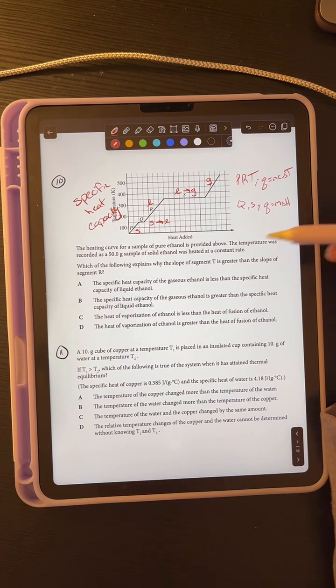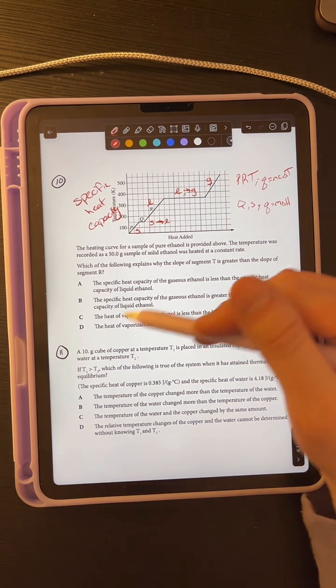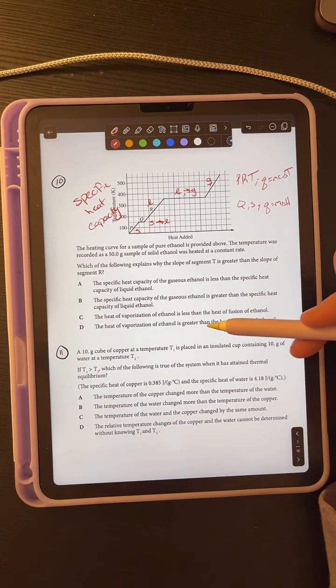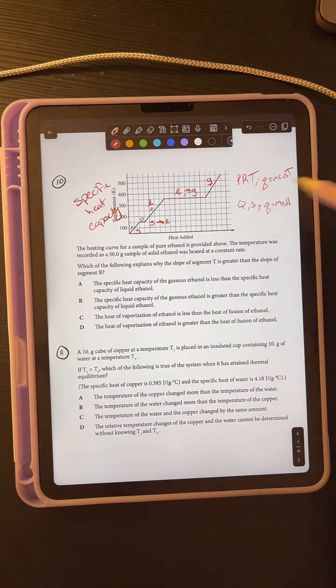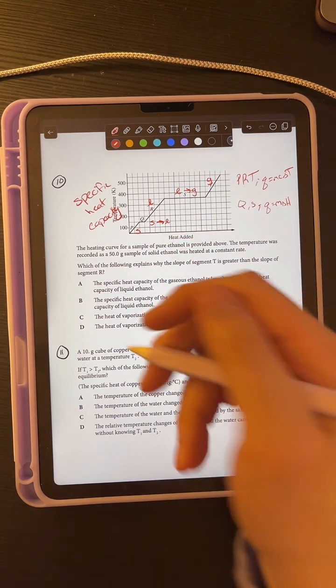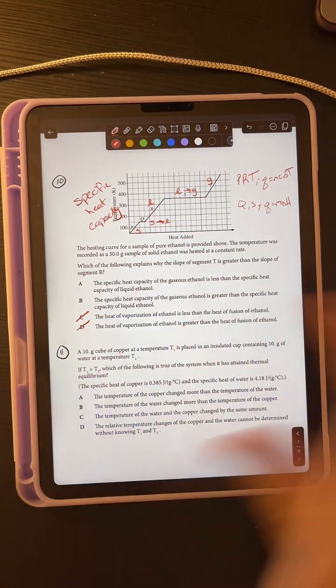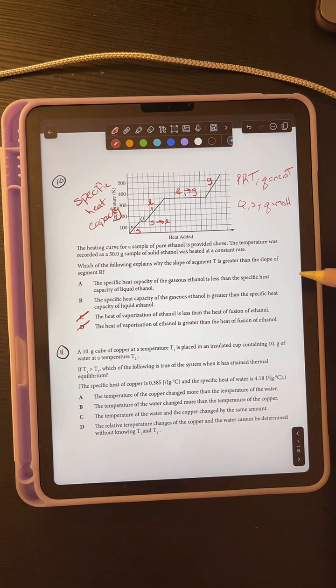That's what we need. So we don't care about our heat of vaporization or heat of fusion at all, because those have no effect on the slopes of these. They're just energies. So we can cross off C and D. We don't care about those. It's all coming down to specific heat capacity.